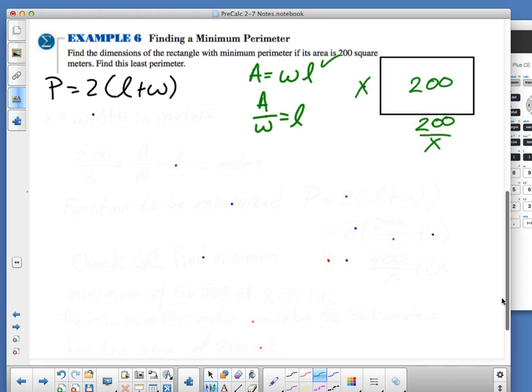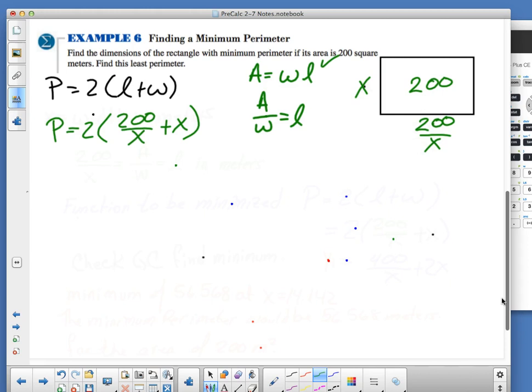So I'm defining my variables and putting them into my perimeter equation. Now P is equal to 2 times, I've got my length, 200 divided by X, plus X.